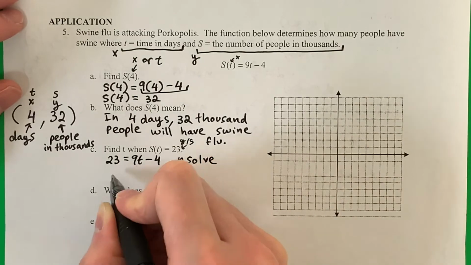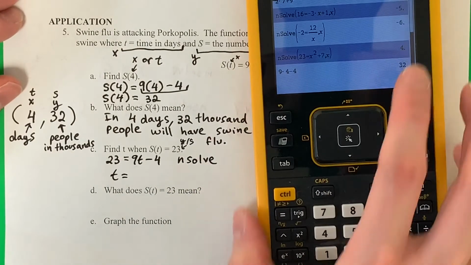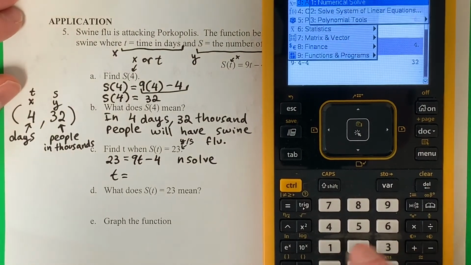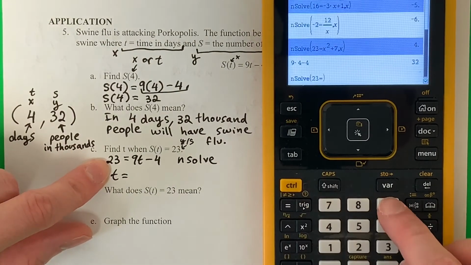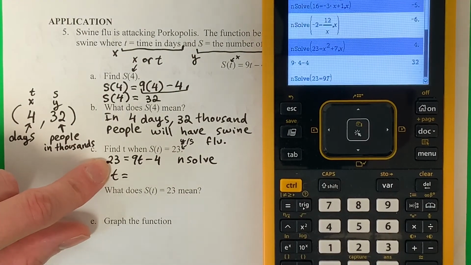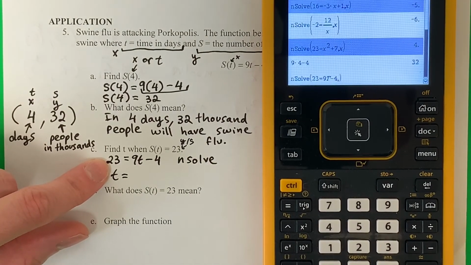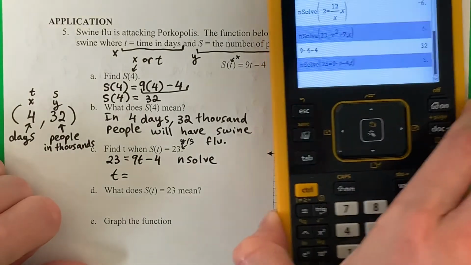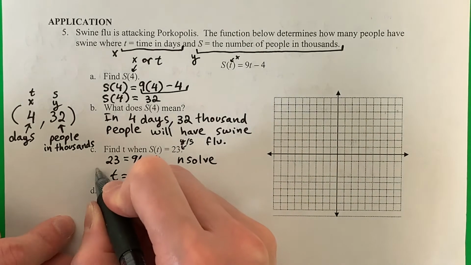And I will get t equals. Let's go ahead and do that real quick. So you're going to do menu 3, 1. Menu 3, 1. And you're going to put 23 equals 9 times t minus 4. Put comma t. Enter. 3. T equals 3. And remember, t is also y.